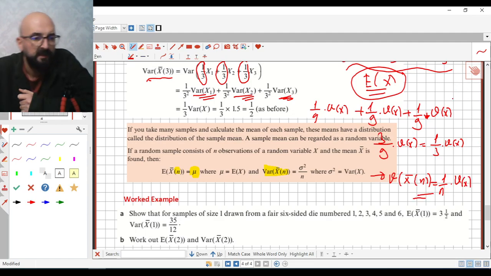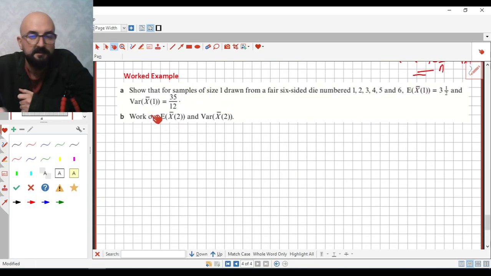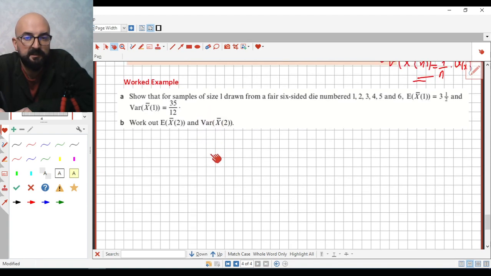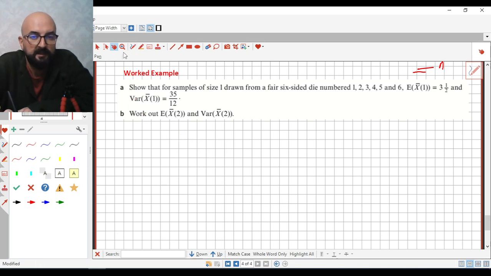Okay. Now in this part of the lesson, we will solve a question about the sample mean of size n.